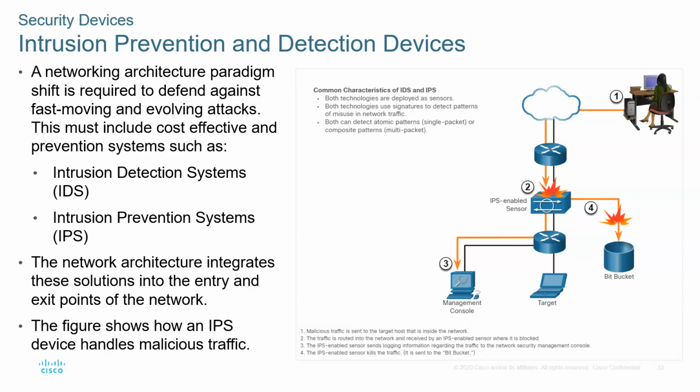And IPSs will be able to detect the signature of this type of attack and stop it. Firewalls cannot stop that because a firewall only either lets you in or lets you out. So you need an IPS system to detect this type of attack.